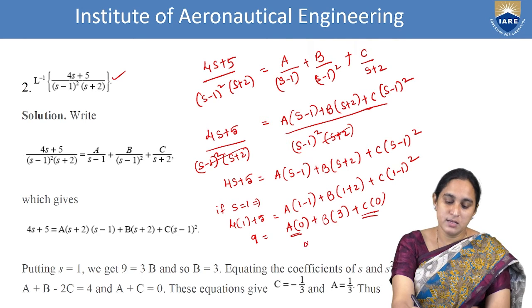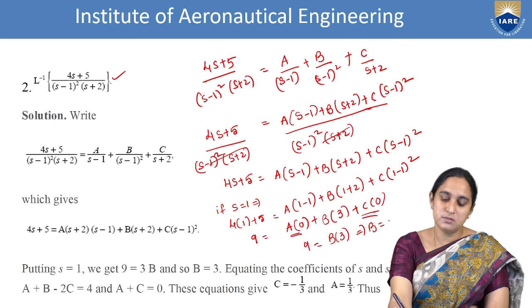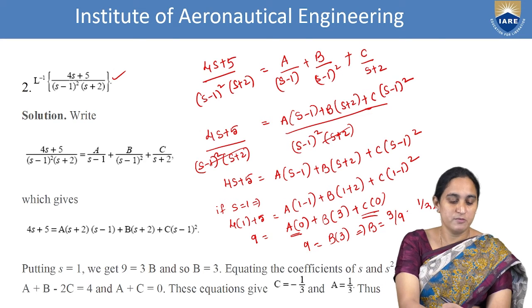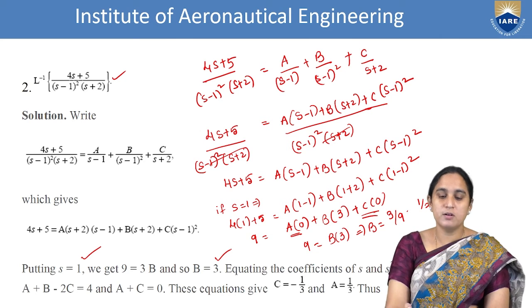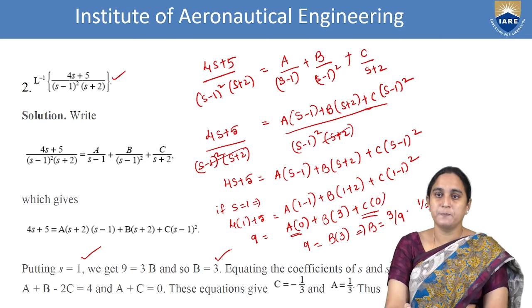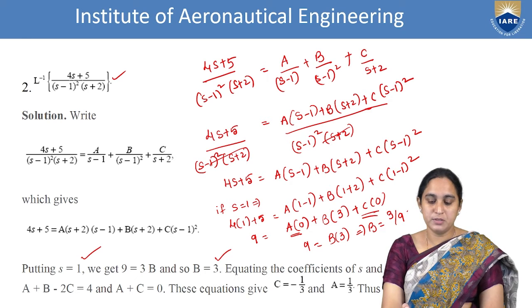Therefore, 9 is equal to b of 3. From that, b is equal to how much? B is equal to 3 by 9, that is 1 by 3.